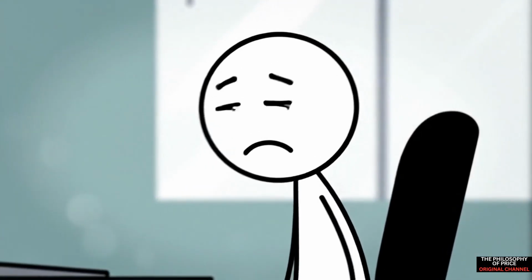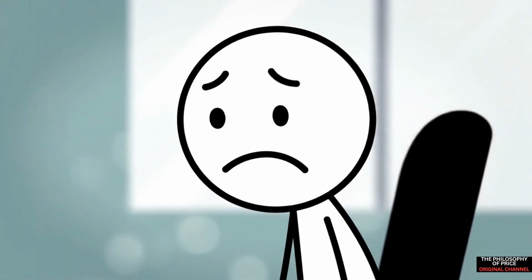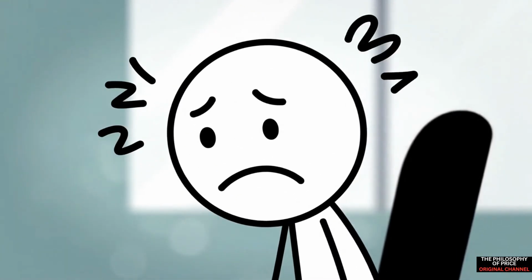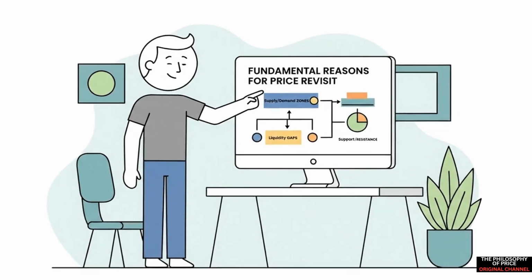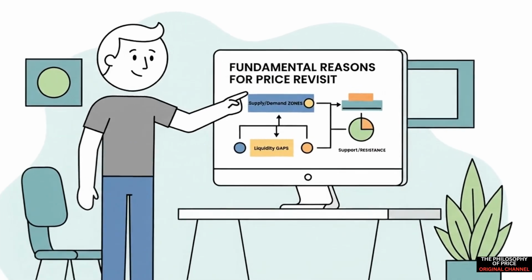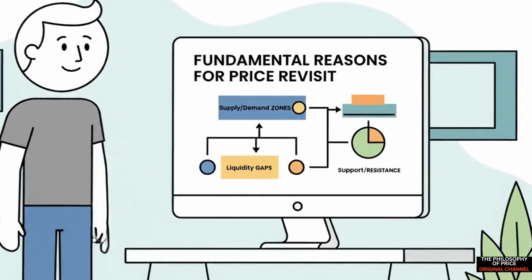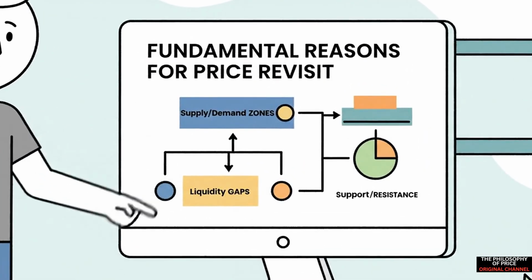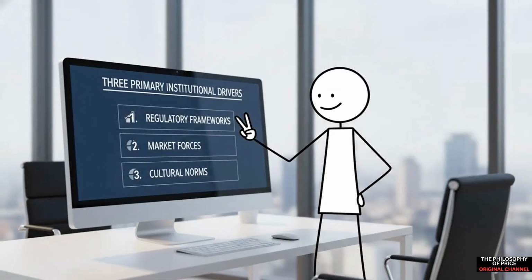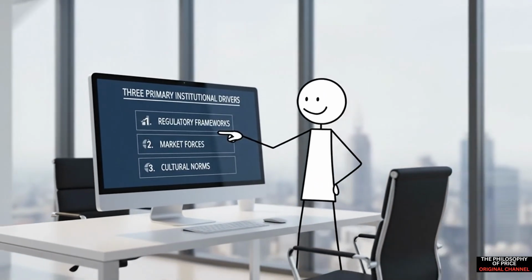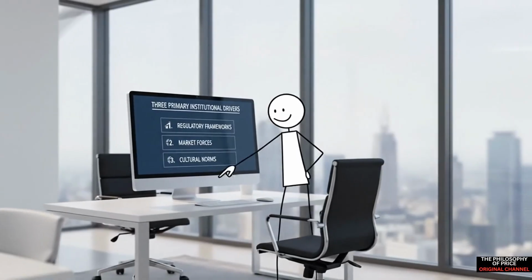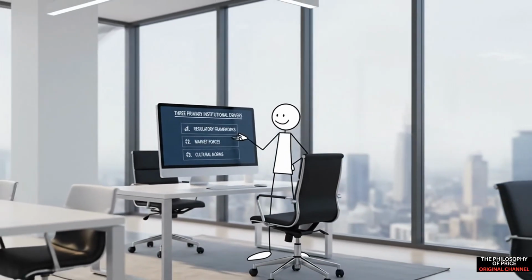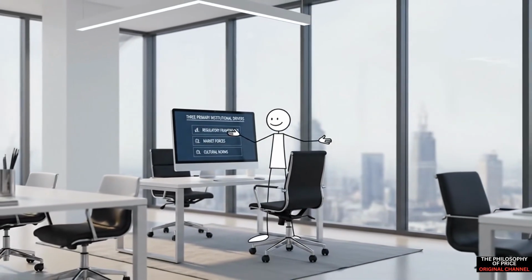Occasionally, it bounces perfectly, but often it simply slices directly through. The key to distinguishing between these varied outcomes lies in comprehending the fundamental reasons why price ever revisits these specific regions. Indeed, there are three primary institutional drivers behind prices' recurring visits to these critical zones, offering a deeper understanding.